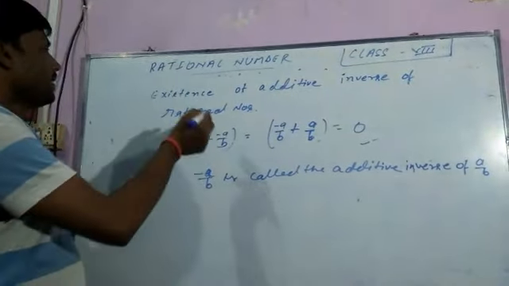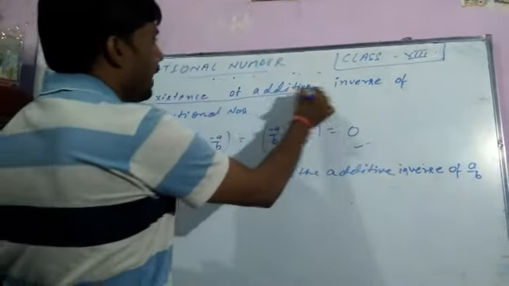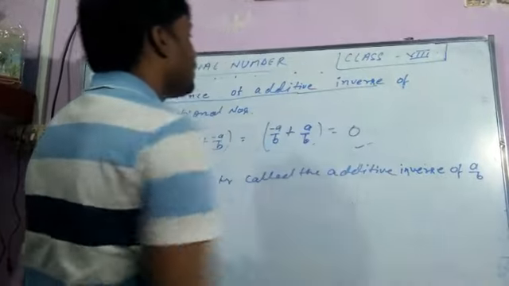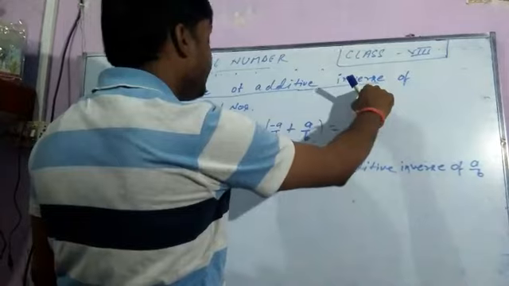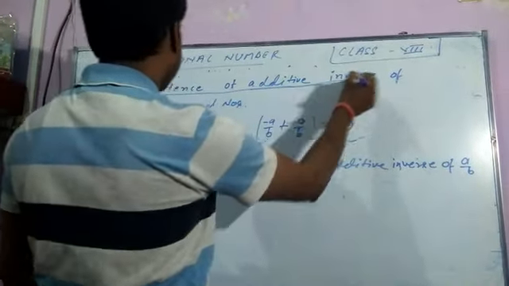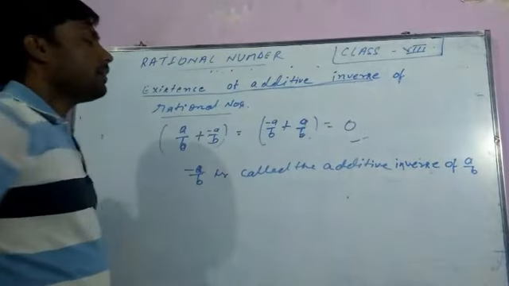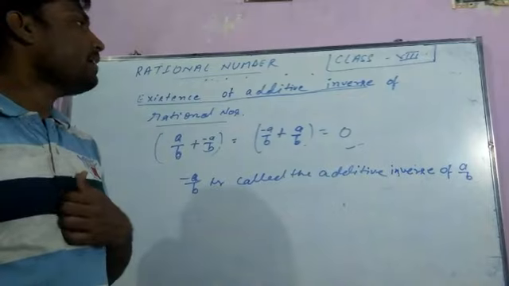In the next property we have to understand the existence of additive inverse. The previous property was additive identity, but this property is the additive inverse of a rational number. In previous classes I have taught you about the additive inverse.